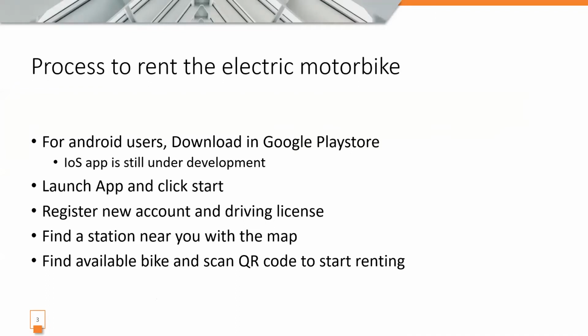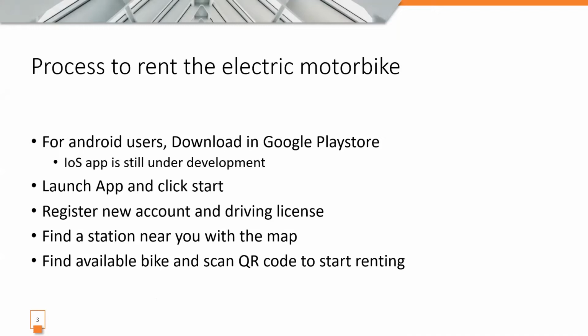The process to rent the electric motorbike is very simple. For Android users, you can download it in Google Play Store. For iOS users, the app is still under development, so you will have to wait. After downloading the app, you can launch the app and click Start.